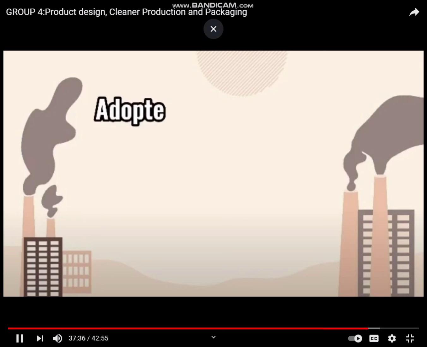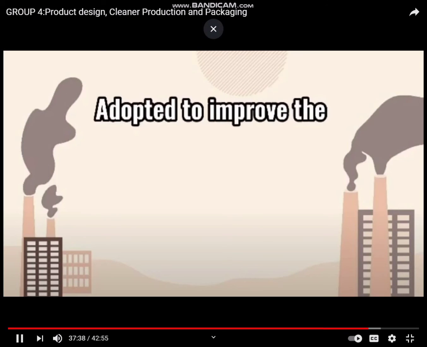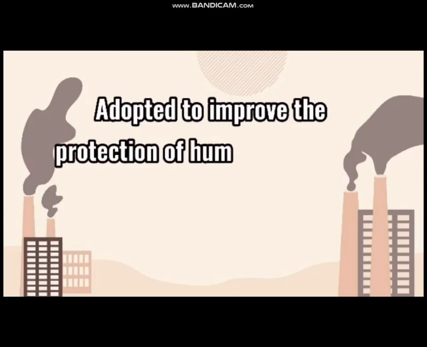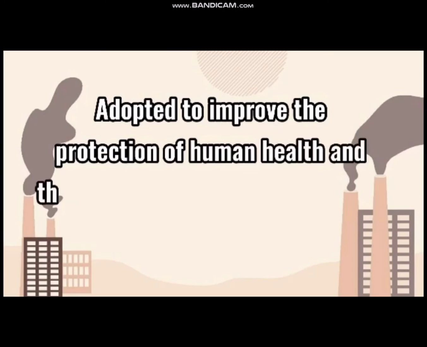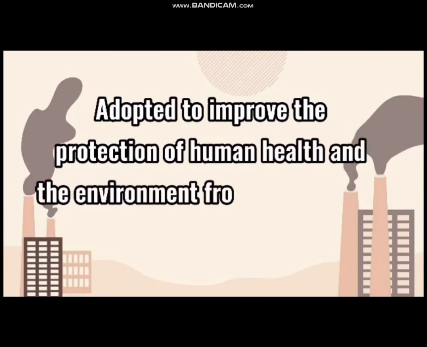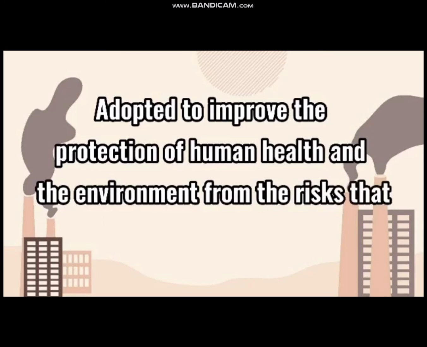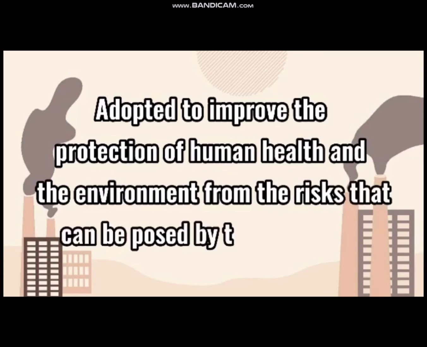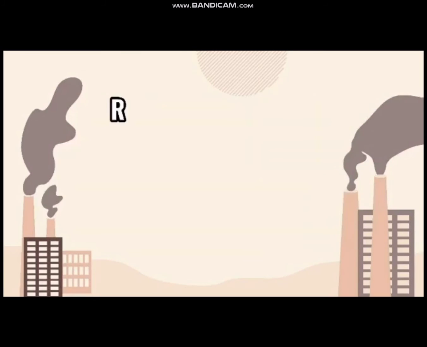REACH is a regulation the European Union adopted to improve the protection of human health and the environment from the risks that can be posed by chemicals, while enhancing the competitiveness of the European Union chemicals industry. It also promotes alternative methods for the hazard assessment of substances in order to reduce the number of tests on animals.